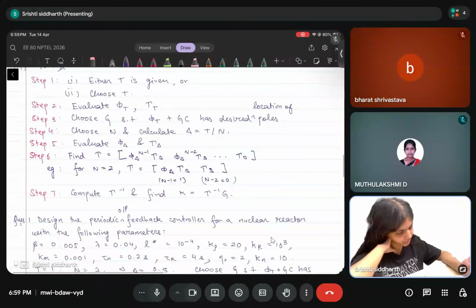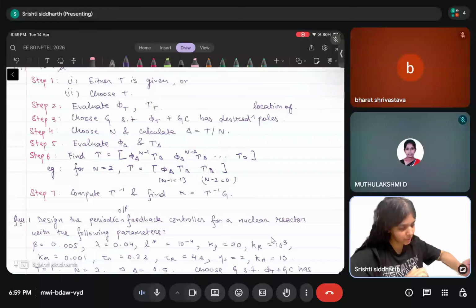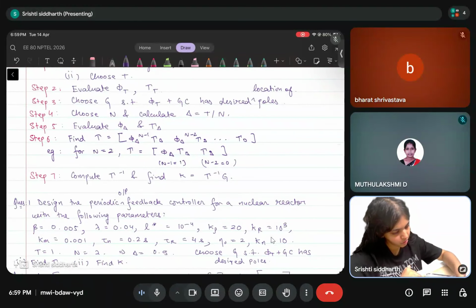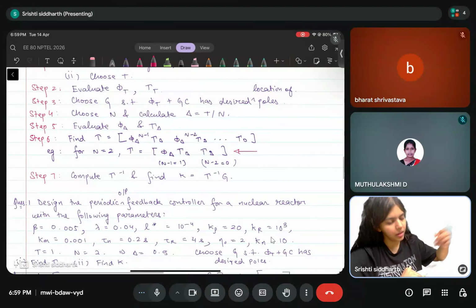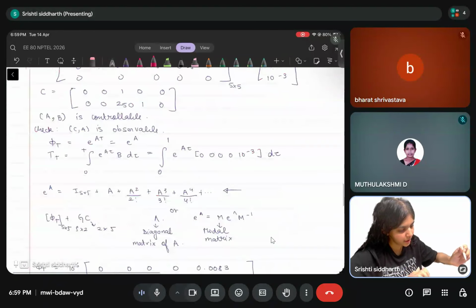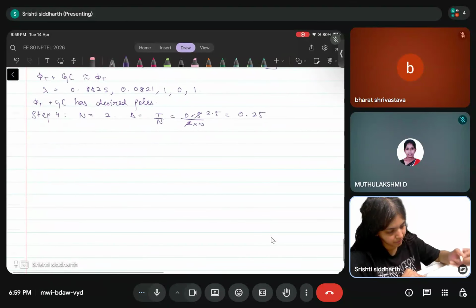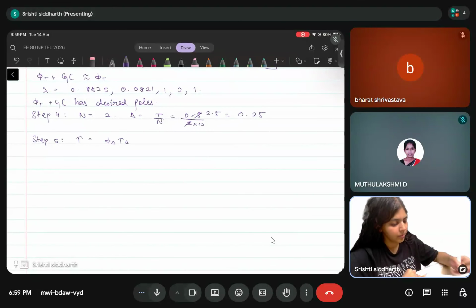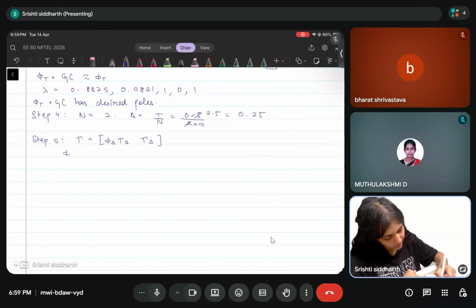Next step is to evaluate phi delta and gamma delta. And for n equals 2, we already have an expression, right? This one. So gamma is phi delta gamma delta, then it's gamma delta. So phi delta is e to the power a delta, which is e to the power a 0.25.